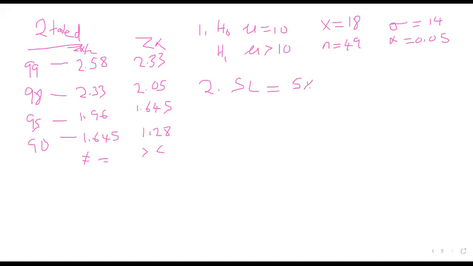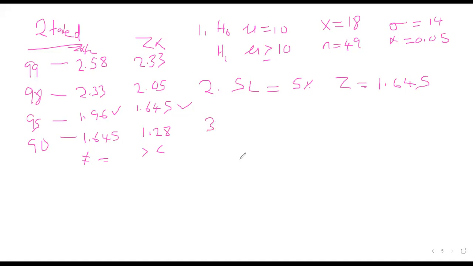Then our Z is what? Since it's a single-tailed test because of the sign, we're not going to pick 1.96. We're going to pick 1.645.